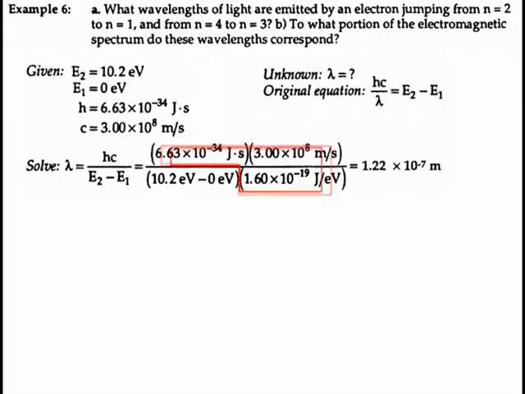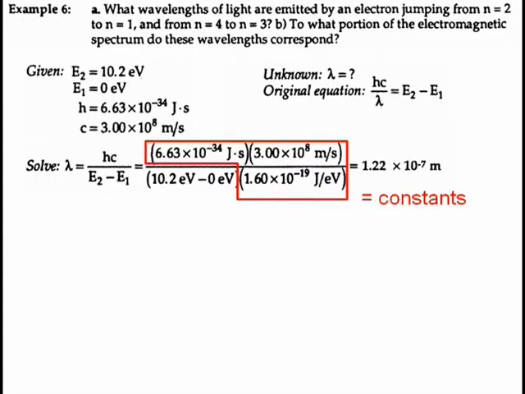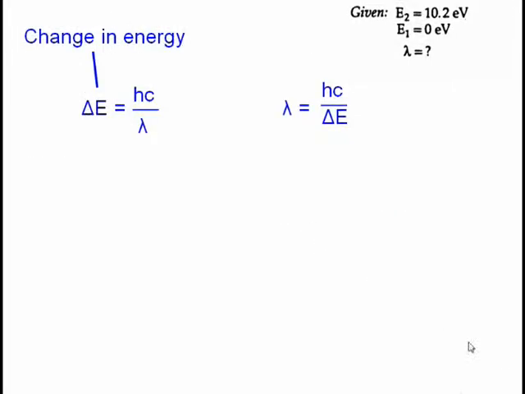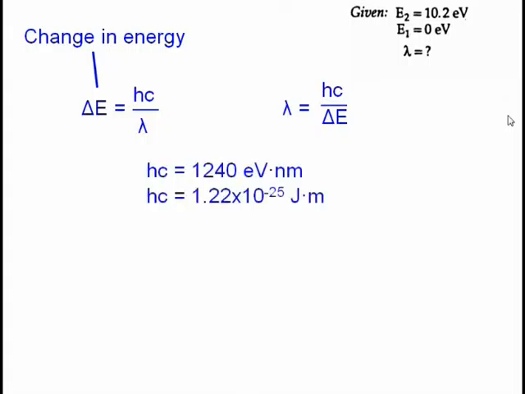I also notice that I have 3 different constants that I'm using: Planck's constant, speed of light, and a conversion between eV and joules. So there's a shortcut we can use. Looking at the formula, we have h times c. On your formula sheet, there is a constant called hc, and it is there specifically for these problems.